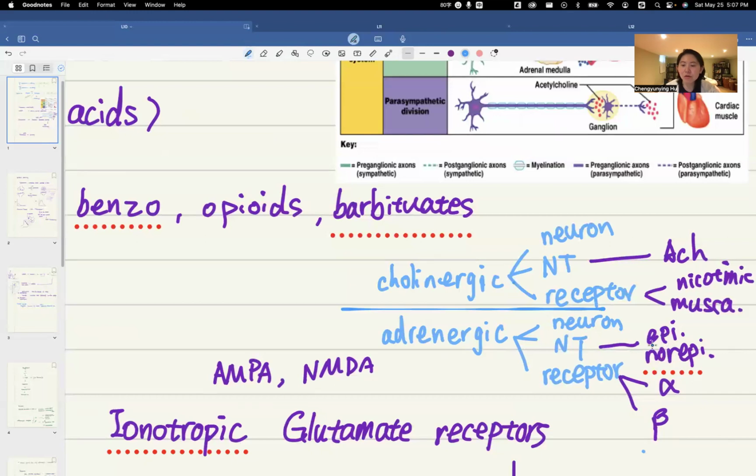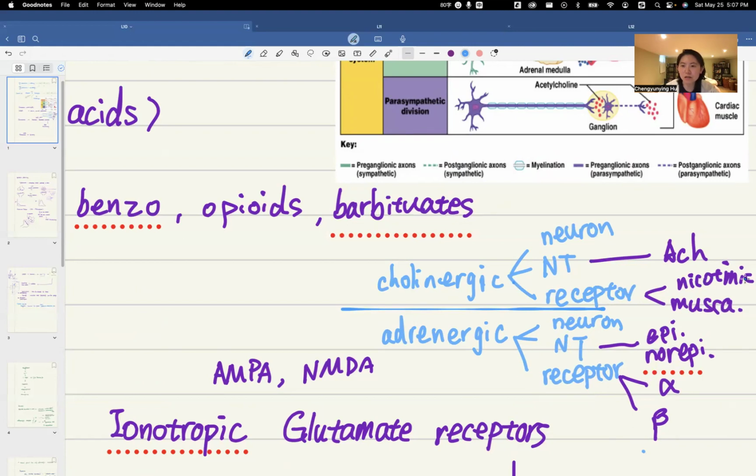They bind only to the adrenergic receptor because they're in the same group, and we have alpha and beta. Let me mention it again. Acetylcholine only binds to nicotinic or muscarinic receptors because they're in the same group. And epinephrine and norepinephrine only bind to alpha and/or beta receptors because they're in the same group.